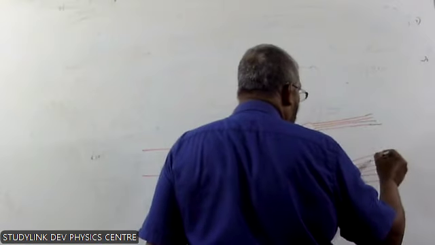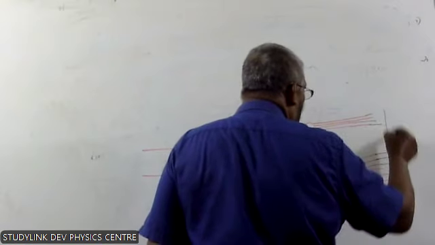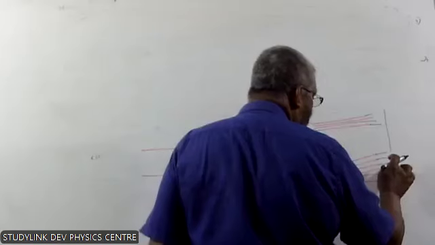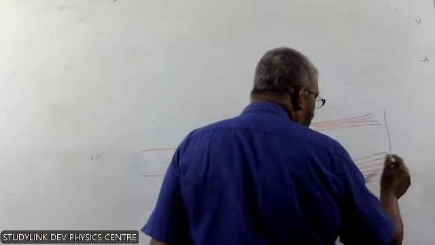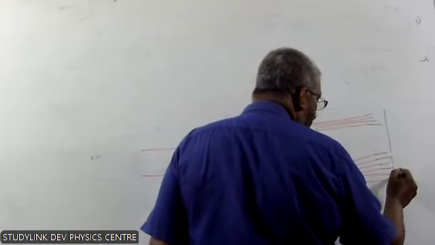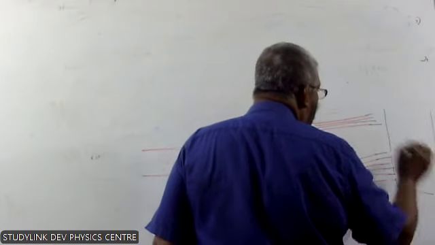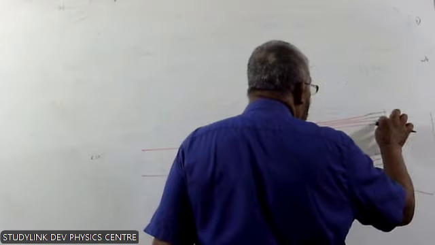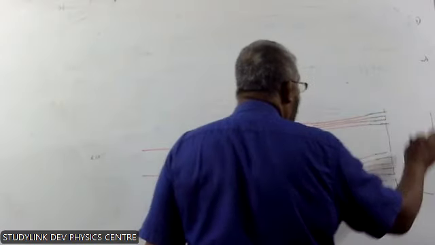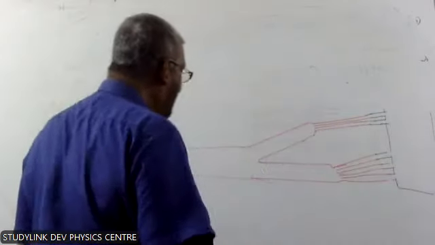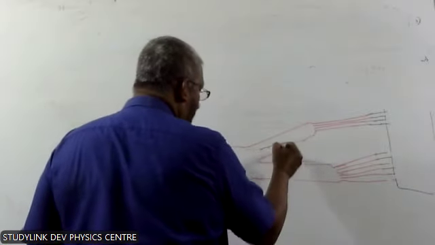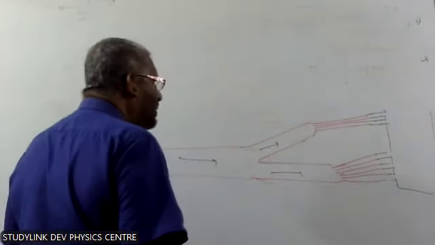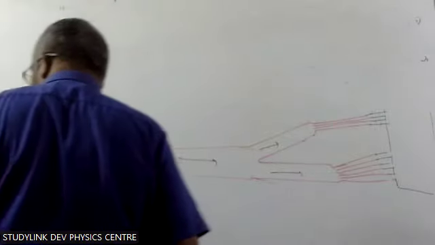One large tube, or maybe a tank like this. Liquid comes like that, going like that, and several pipes are there.